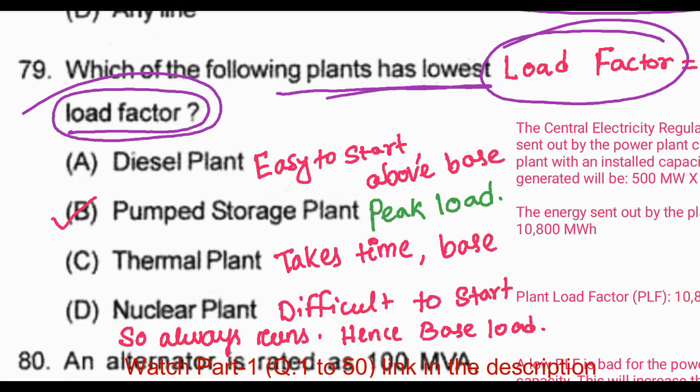We use the diesel plant to meet the load above the base load, and the pumped storage plant is always the peak load plant and it is not always operated. So here the answer will be the pumped storage plant. The pumped storage plant has the lowest load factor, and it is not an economic one.